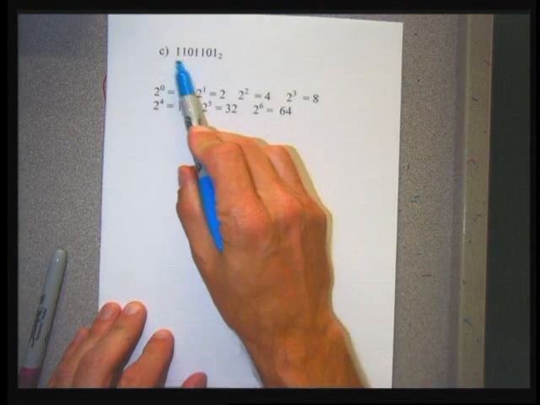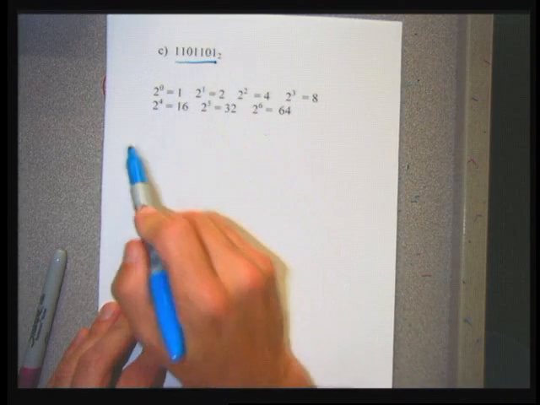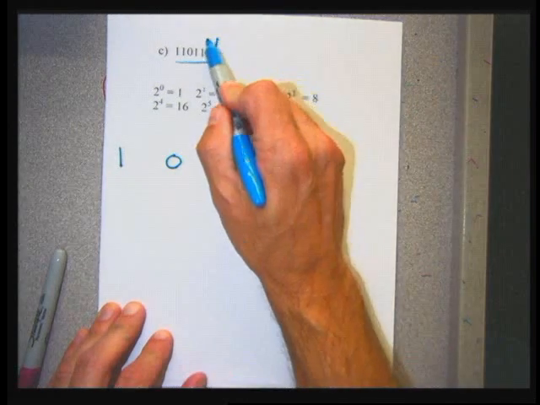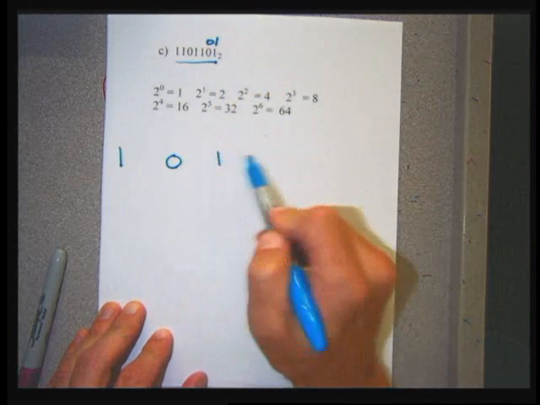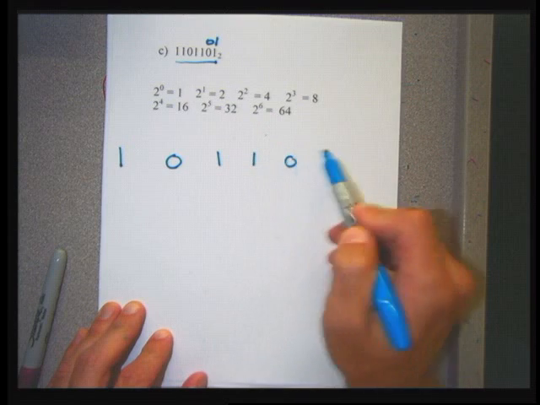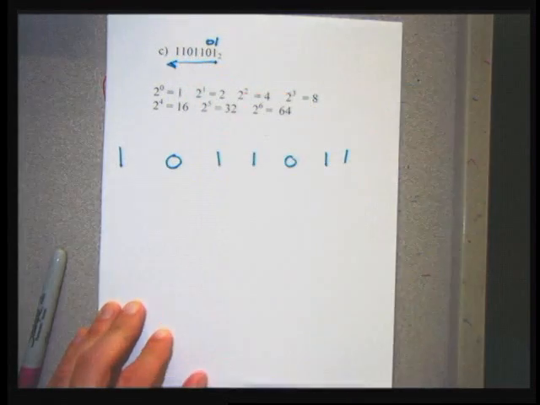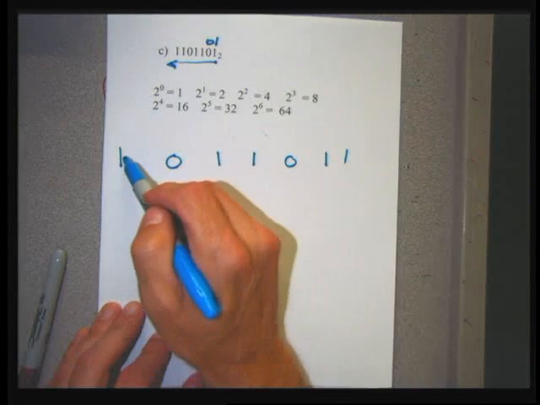What I'm going to do for C is write the number backwards. I'm going to take a 1, a 0, which is 1, 0, and then 1, 1, 0, 1, 1. This is just writing the number backwards. Next to each of them, I'm going to write a power of 2.